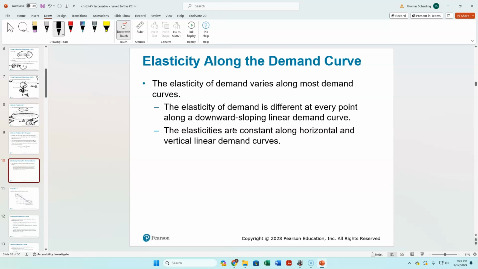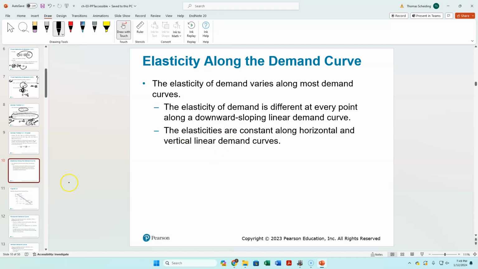And just to further highlight that elasticity is not the same thing as slope, even along a straight demand curve where the slope is constant, the elasticity changes along the curve.